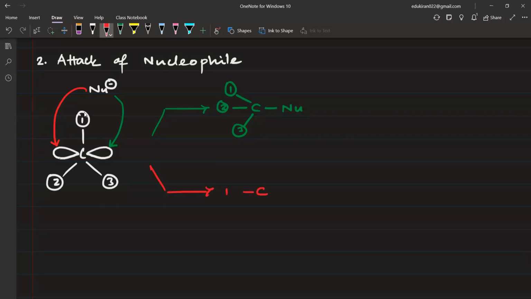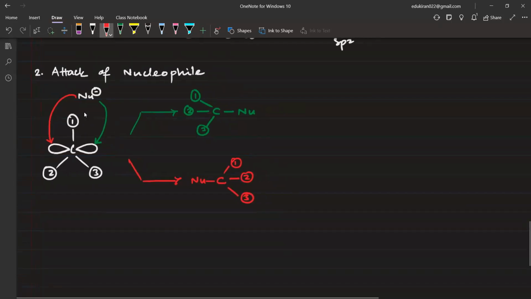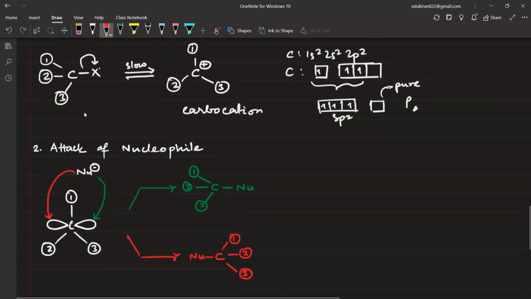The nucleophile is attacking from the back side, and 1, 2, 3 will be like this. Now compare the product and the reactant. Which of the products, green or red, is similar to the reactant in configuration?